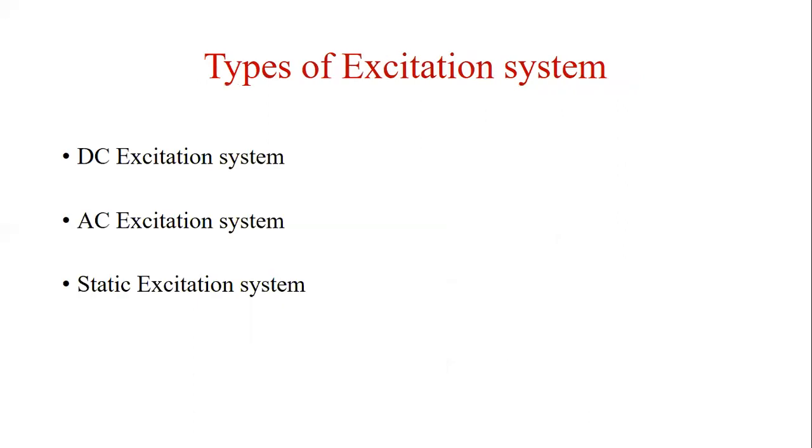The major classification is based on the excitation power source used, that is DC excitation system, AC excitation system, and static excitation system. The conventional excitation system for the alternator, that is generator or synchronous generator, is the DC excitation system.